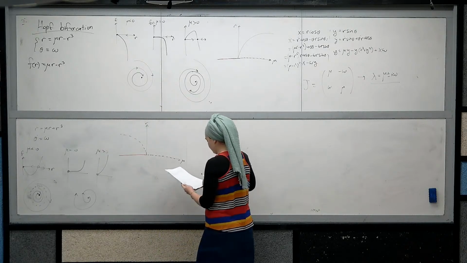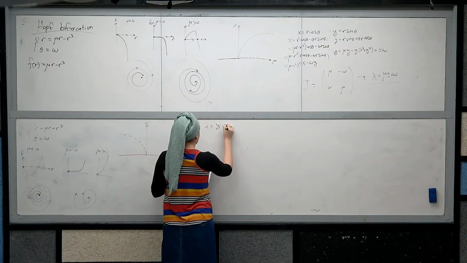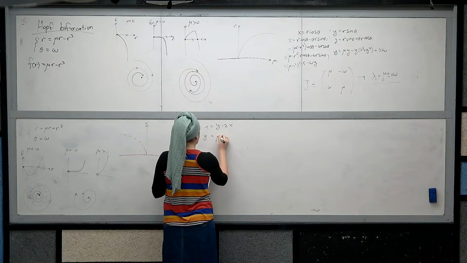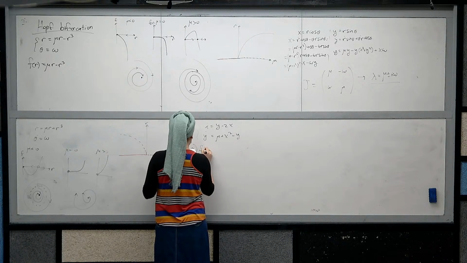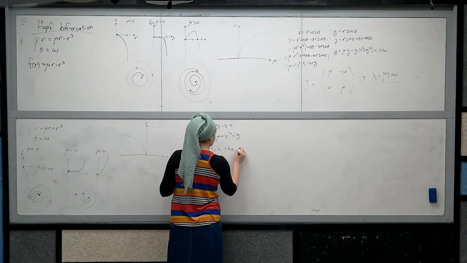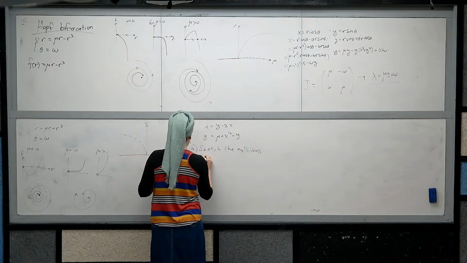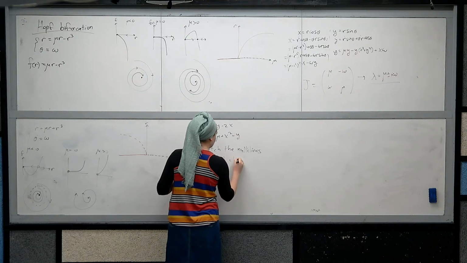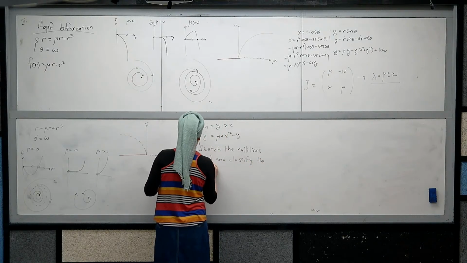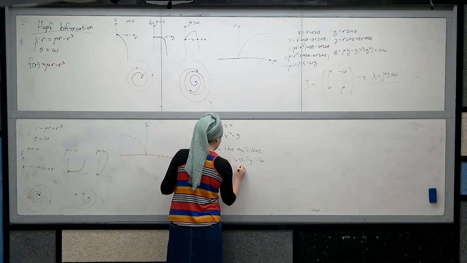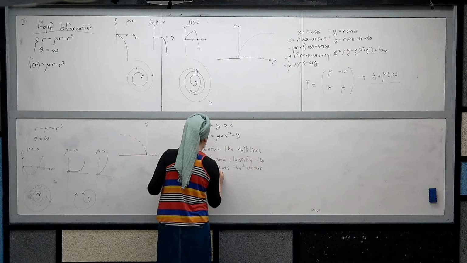Okay, exercise. Consider the system x dot is y minus 2x and y dot is mu plus x squared minus 1. A. Sketch the nullclines. B. Find and classify the bifurcations that occur as mu varies.